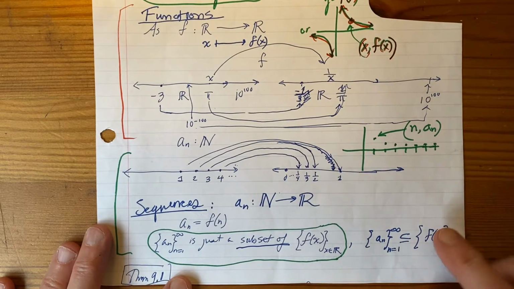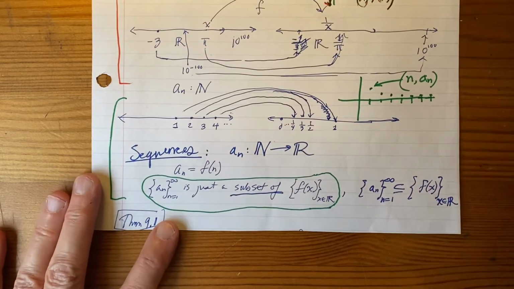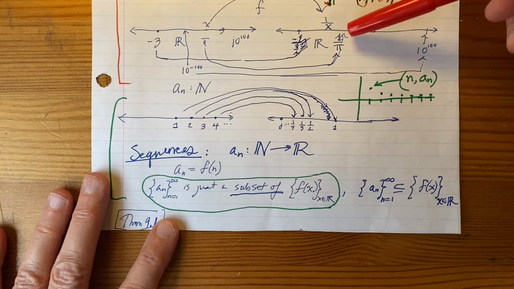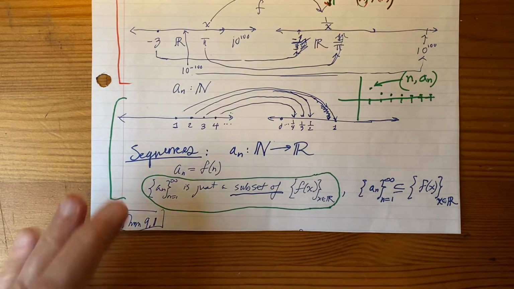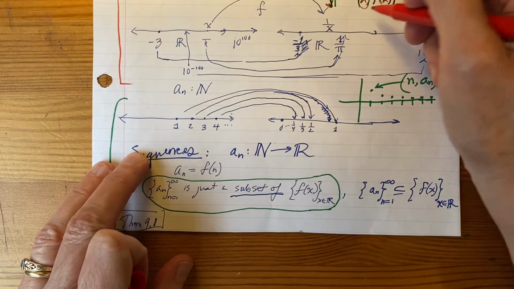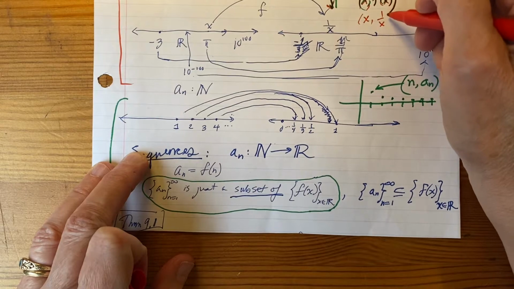Well, in a similar manner, we could display what a sequence is. This curve, for example, here is f of x equal to 1 over x. So every point on here is x comma 1 over x.